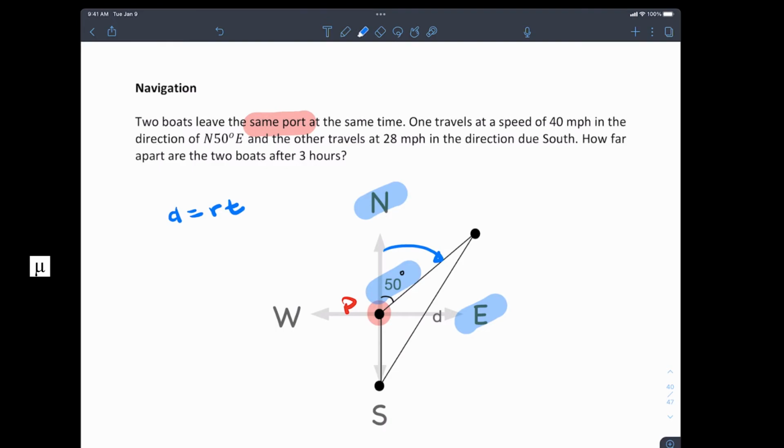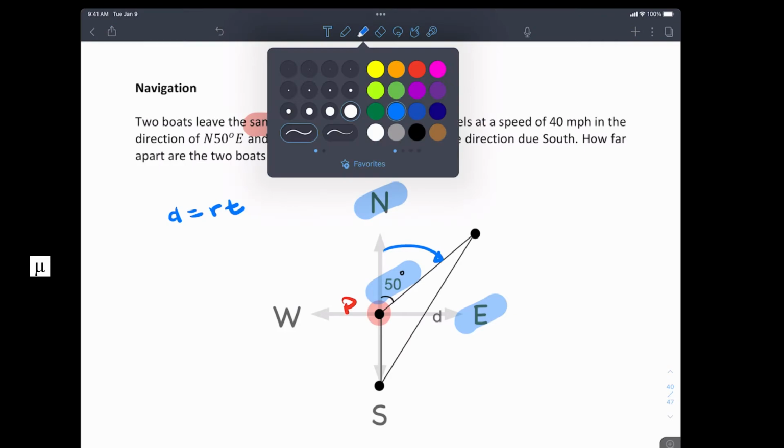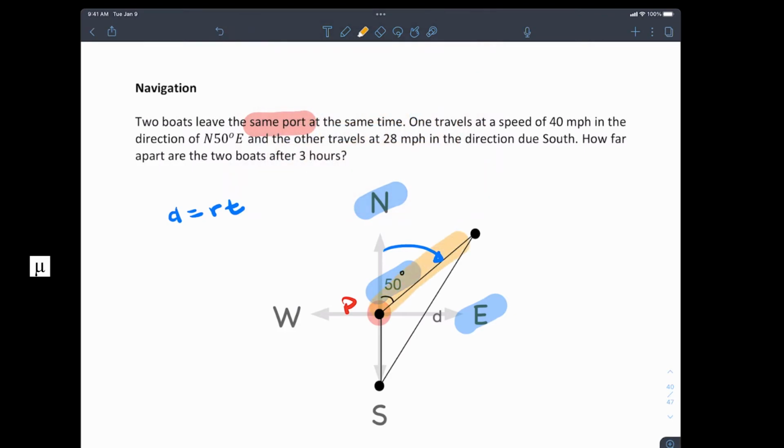Now, like the last time, we're going to find a distance. We don't know that yet, but we're going to continue to read, right? So we just know that one boat is traveling 40 miles per hour in this direction. The other is traveling 28 miles per hour, and that direction is what?